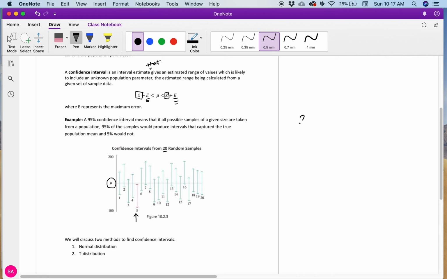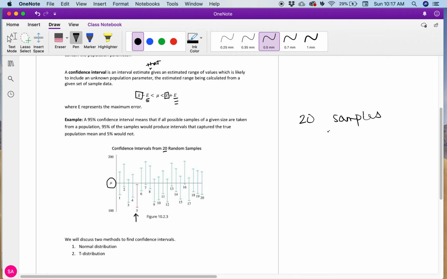So there were 20 samples, and we had a 95% confidence interval. That's one of the common levels for confidence intervals. We could have an 80%, 85, 90, 95. Sometimes we can even go up to 99.